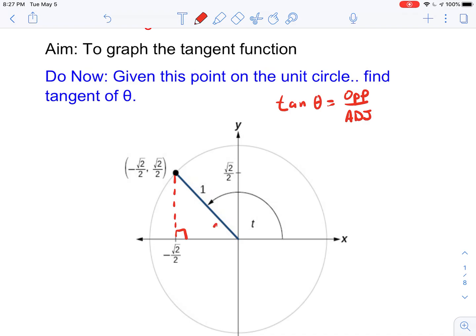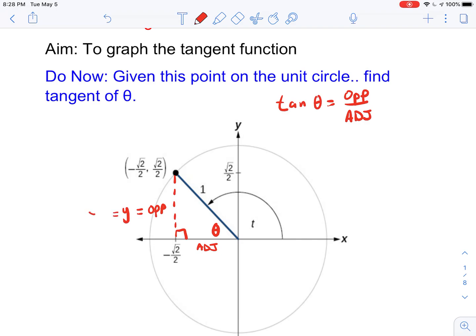Okay, so now if we have our terminal side drawn, we know we could drop a vertical line from the point to the x-axis to create a right triangle in which we do have an opposite side and an adjacent side. Okay, now what are the values of these?